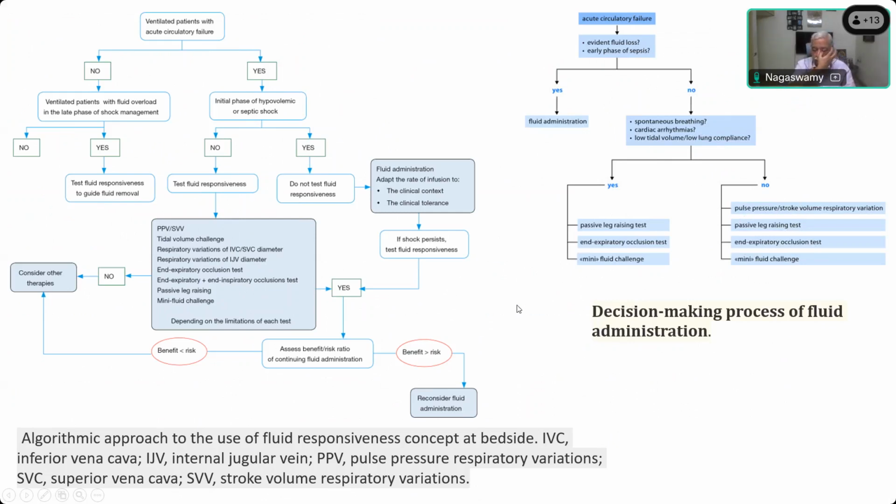So you don't have to write in detail about the static tests because they are not considered ideal for assessing responsiveness. So you have to deal more in detail with these eight dynamic tests which are considered as the tests for assessing fluid responsiveness.